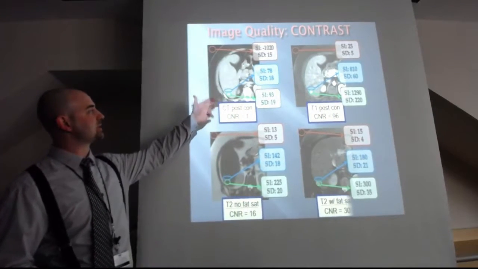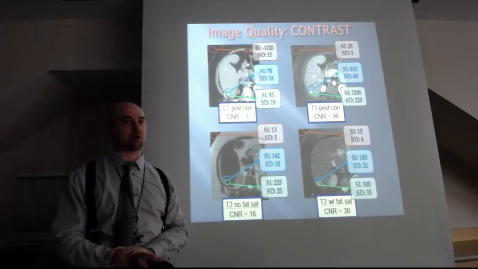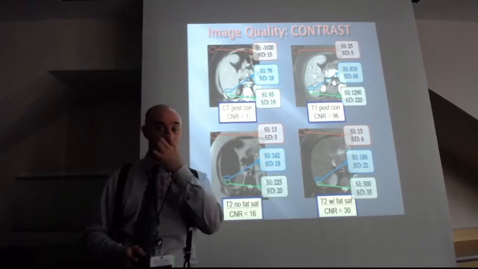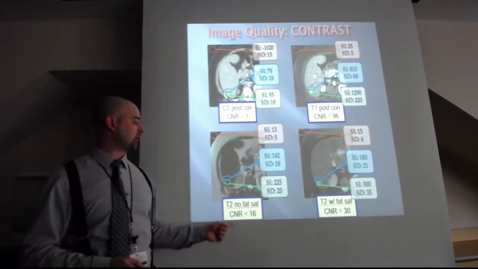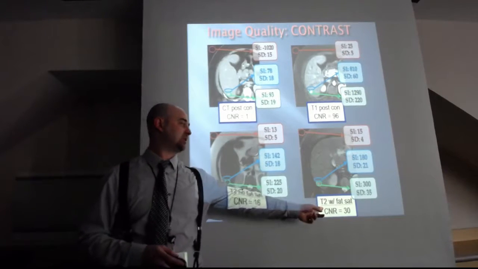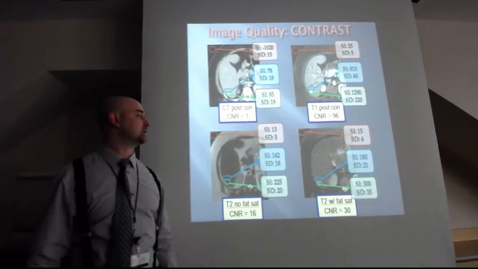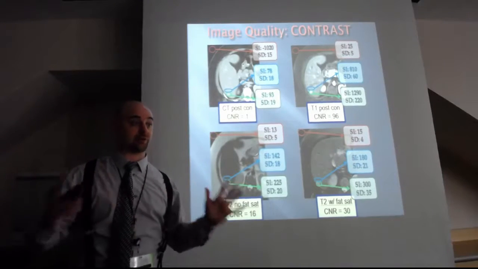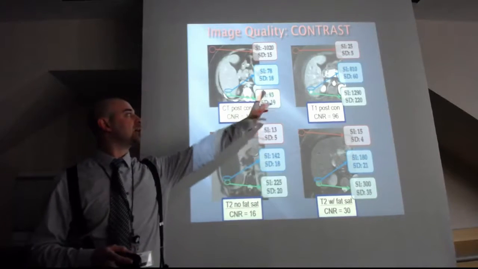And we see that the CNR here is 1, which means basically not visible. 0 is completely invisible, and 1 is within the range of noise, so basically invisible. And then with T2, it goes up. With T2 with fat sat, it goes up even higher because we're taking the fat out of the equation. So we're resetting all of the grayscale dynamic displays of all the pixels here.